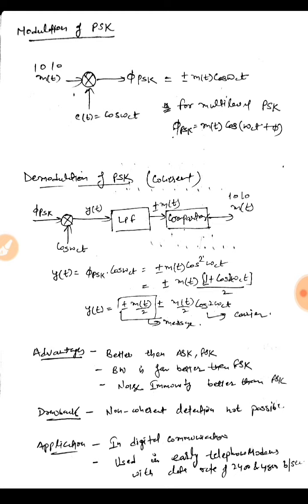One disadvantage is that we cannot detect it using non-coherent detection, so the cost is a bit high for detection. When it comes to application, it is used in digital communication, and it was used in early telephone modems with data rates in the range of 2400 and 4800 bits per second.